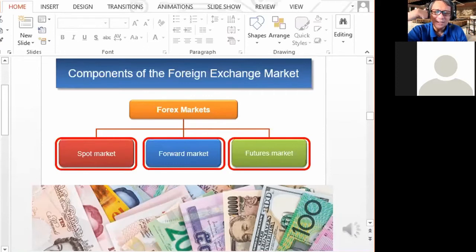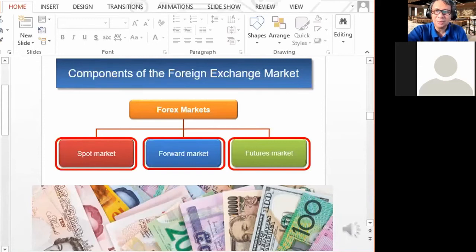The main difference actually, class, between forward market and futures market in reality, the forward market is between two parties lang, no? So it's a simple contract. It's very straightforward between two parties. No intermediaries needed. So they call this over-the-counter contracts. So contracts between exporters and importers, no? They enter into a forward contract specifying a specific future exchange rate.